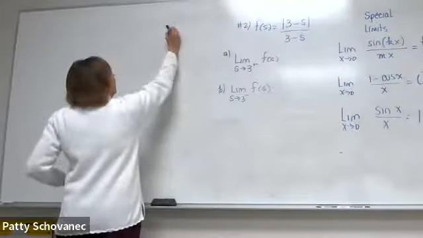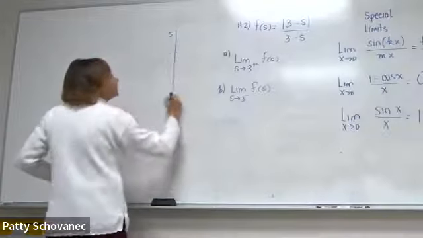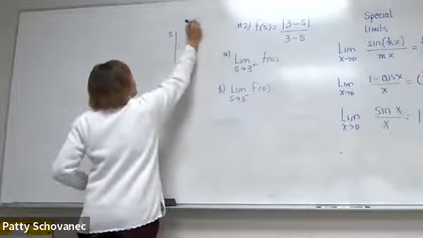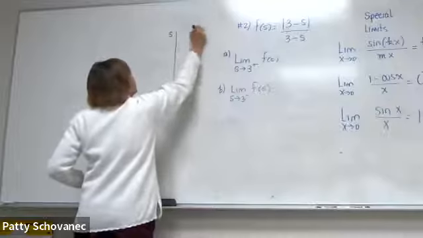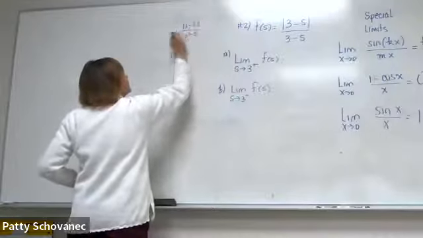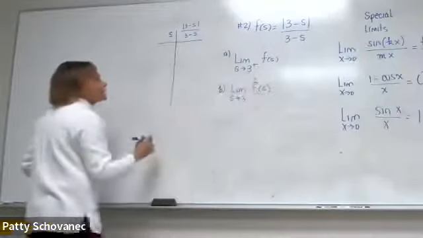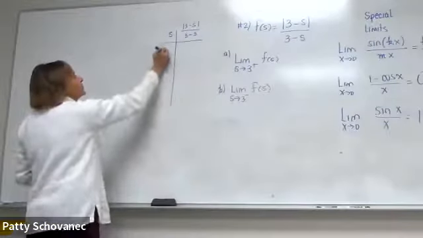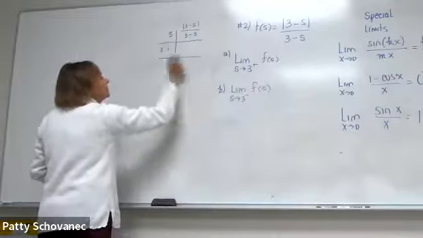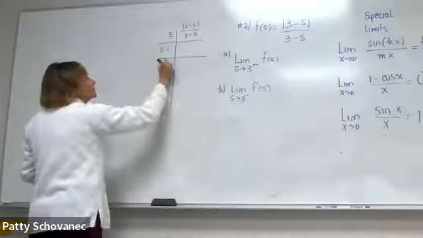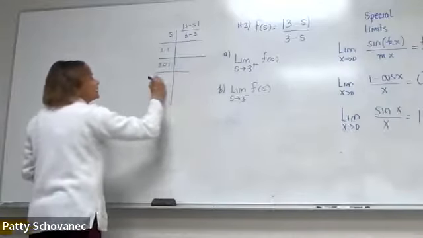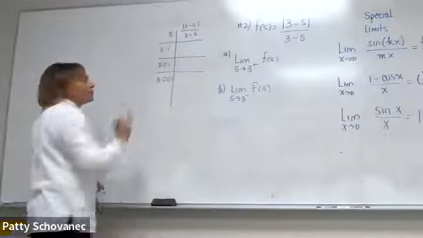I'm going to make a column for S and a column for the absolute value of 3 minus S divided by 3 minus S. So first pick numbers slightly bigger than 3. Maybe that'll be enough to see what the pattern will be.